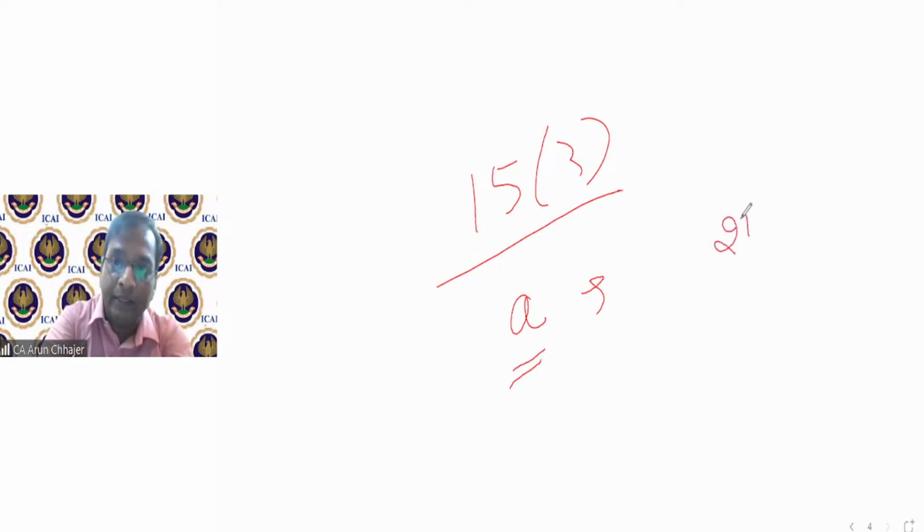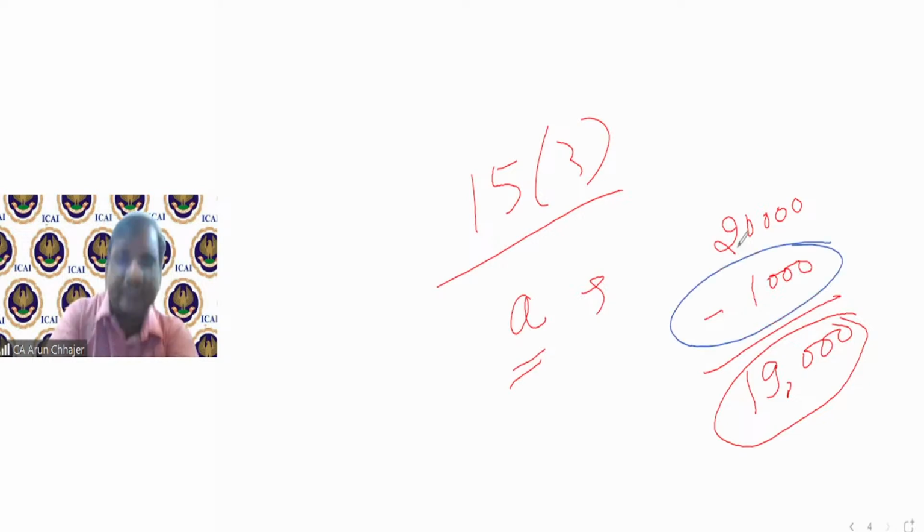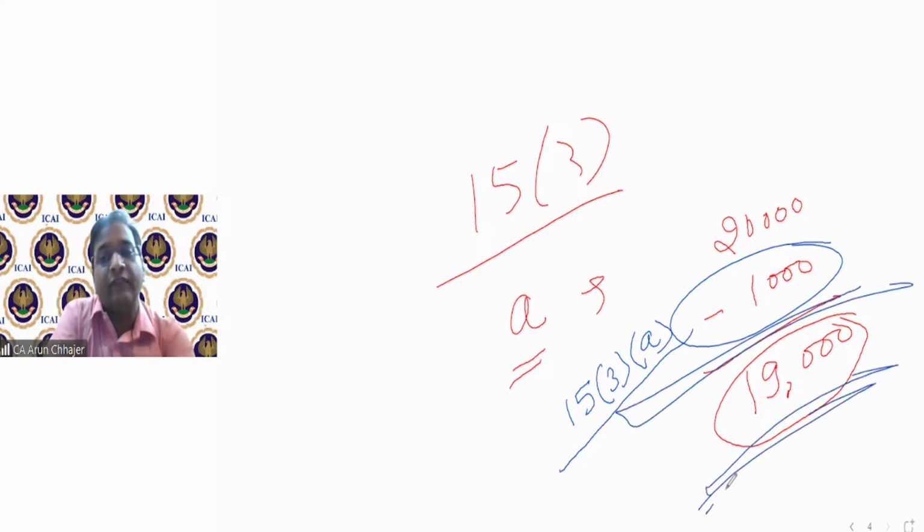In this example, the gross premium is 20,000 minus 1,000 on account of the no claim bonus. So 19,000 is what the insurance company is charging from Mr. A, so the GST would be charged on 19,000. This 1,000 would be considered as a discount given at the time of supply in accordance with clause A of section 15 subsection 3, and therefore the tax would be leviable on the net amount. I hope it is clear. Confirm.